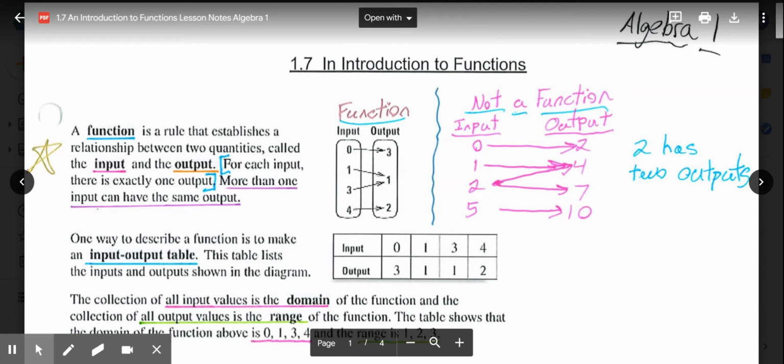Then it goes on to say, for each input, there is exactly one output. So each input has exactly one output.